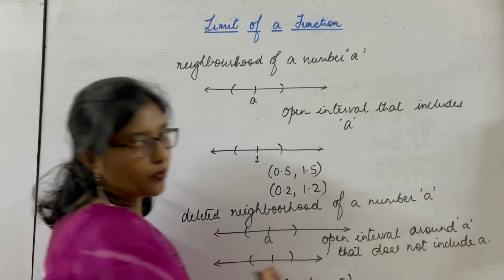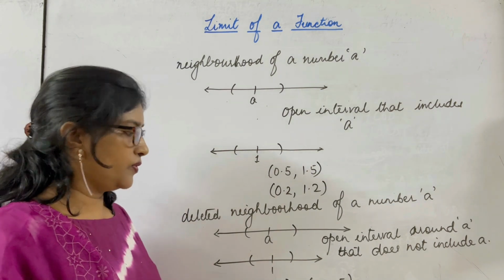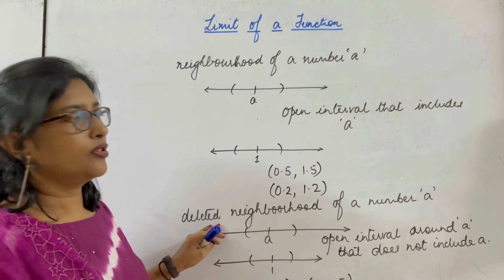You are not including 1. In this way, you can take any neighborhood of 1. This is what we mean by deleted neighborhood of a number.